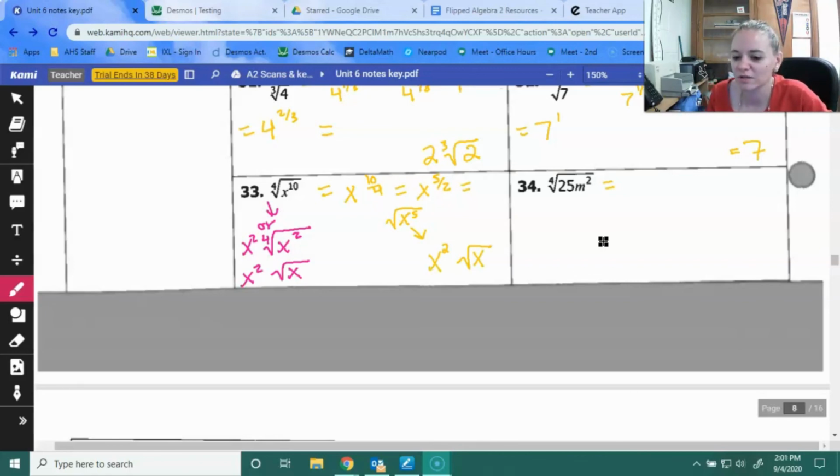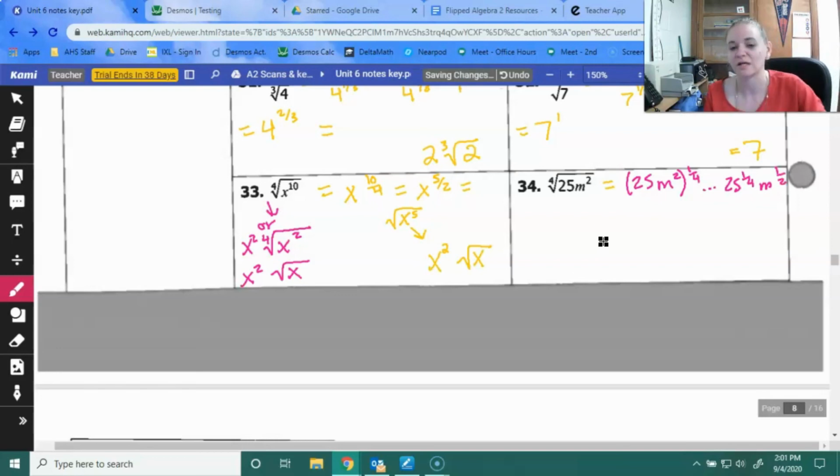We can go a long way, which will convert the 4 into your exponent. But just telling you, this is not the quickest way. You can keep going and say distribute the 1/4, and so I'd have 25 to the 1/4, and then m to the 1/2, but then you have different denominators, which gets it kind of messy.